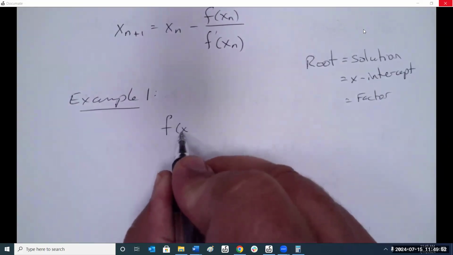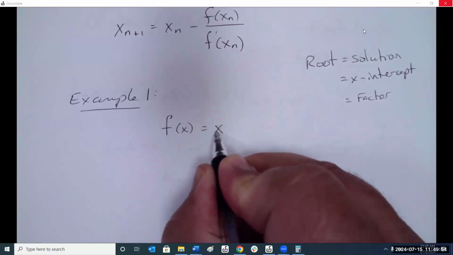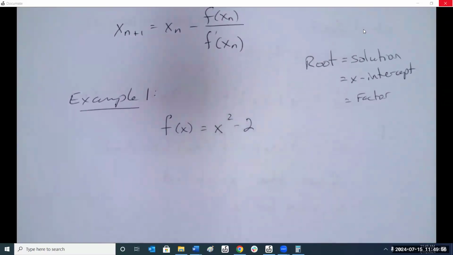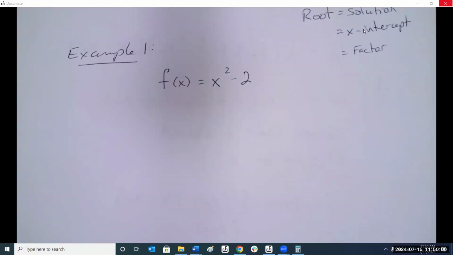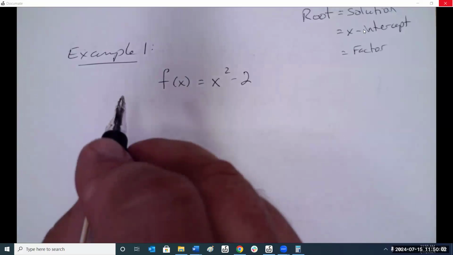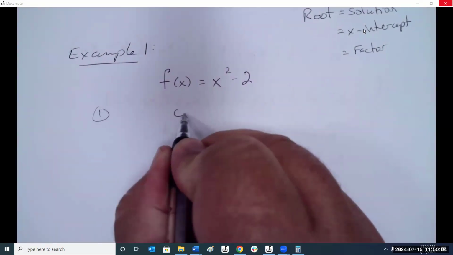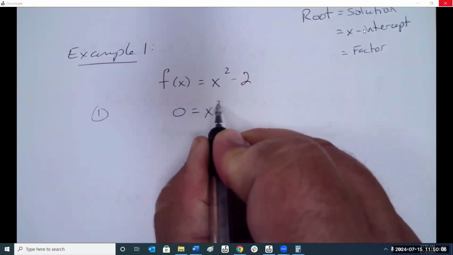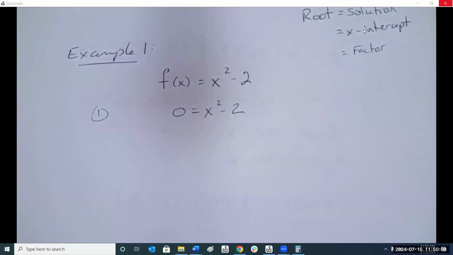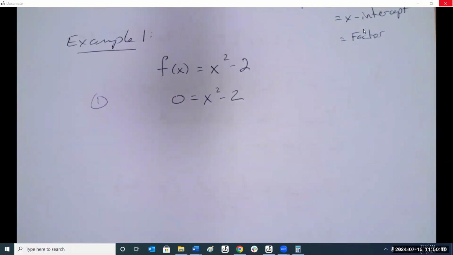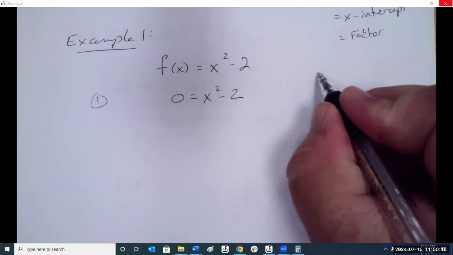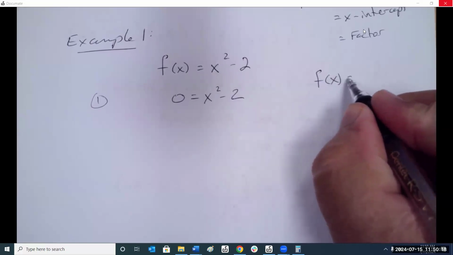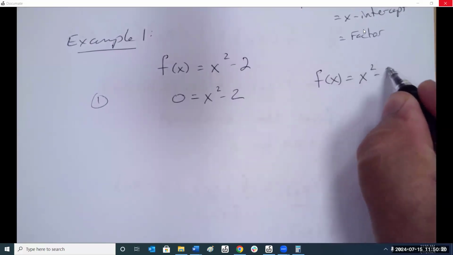So the function we're using here is x squared minus 2. Our first step, set that equal to 0. We have f of x, which is x squared minus 2.